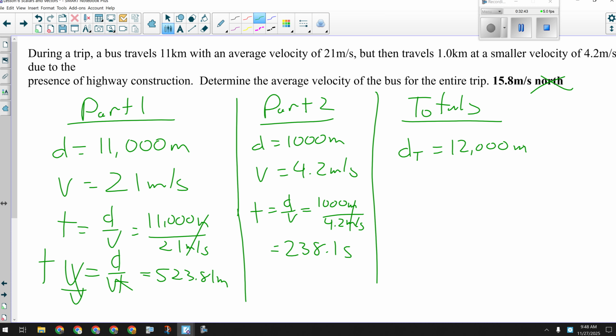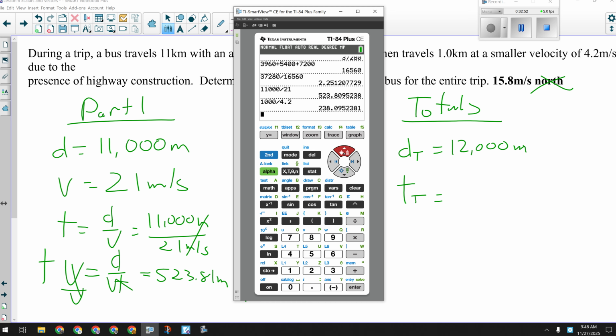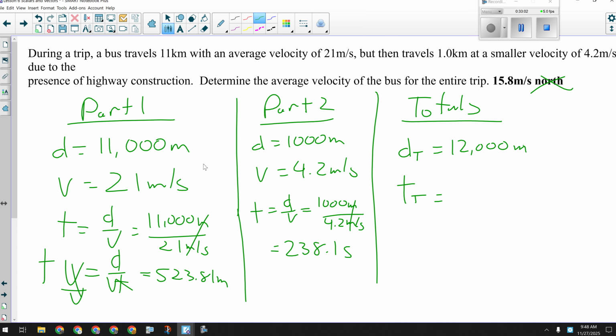Okay, but again, I'm keeping all of my decimals in my calculator. All right, now I can get my total time. 238 plus 523. Okay, so I add those together. I've got a total time of 761.9 seconds. Okay, now I can do the calculation they wanted me to do.